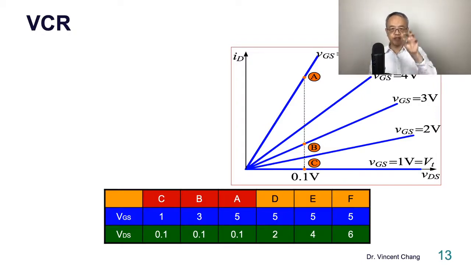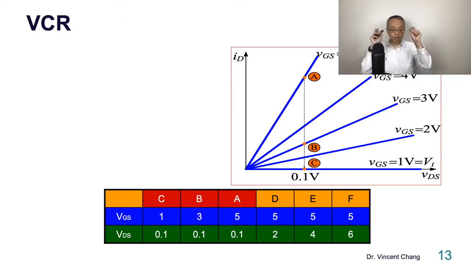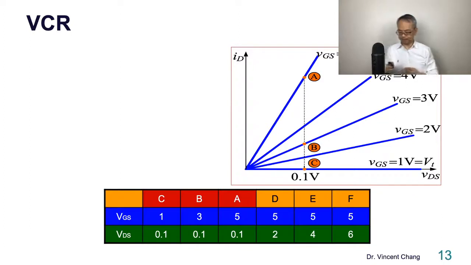The behavior of the device when VDS is small is similar to a resistor, but whose resistance value is controlled by VGS. The behavior between source and drain is like a resistor, but whose value is controlled by the third terminal, the gate terminal.